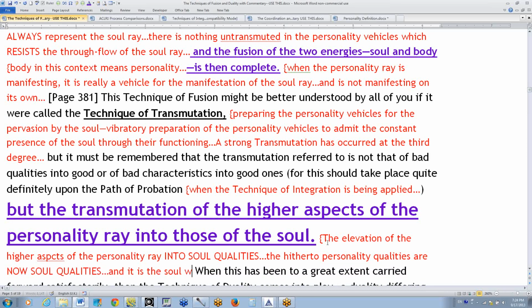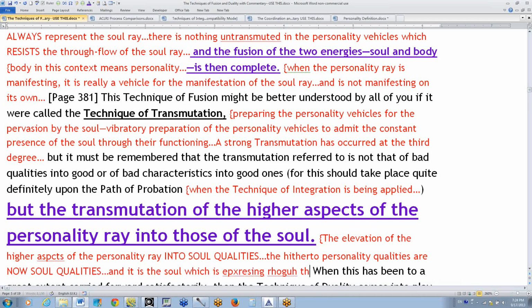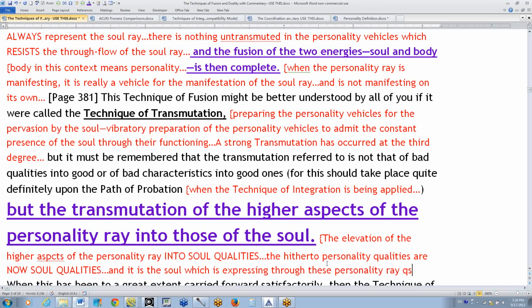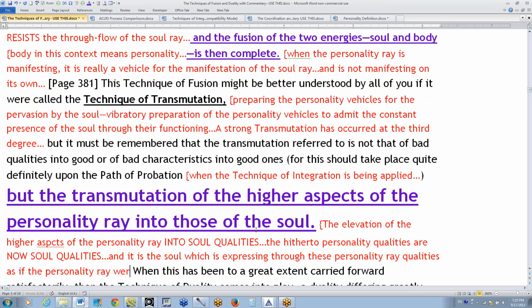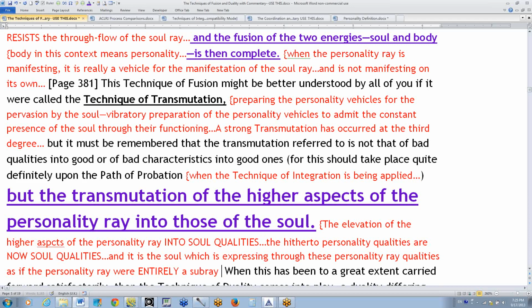And it is the soul which is expressing through, again, these personality ray qualities, as if the personality ray were entirely a subray of the soul ray. The transmutation of the higher aspects of the personality ray into those of the soul ray.